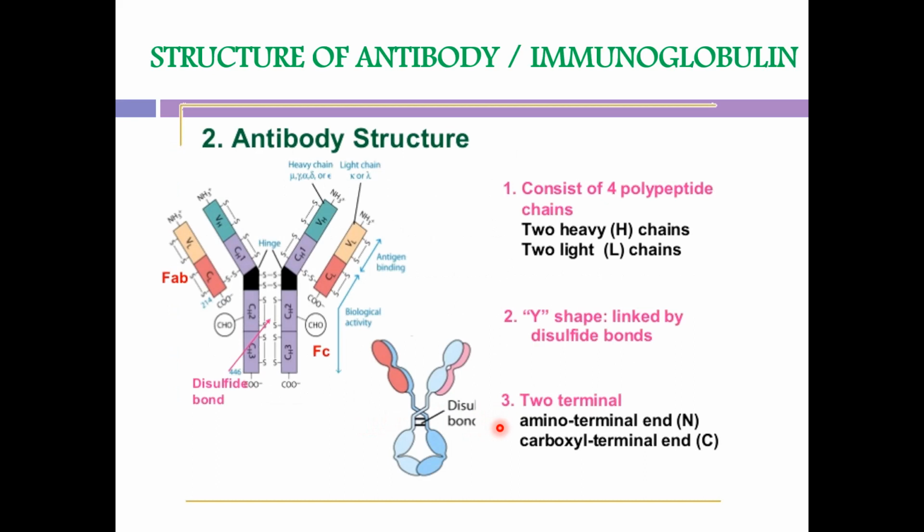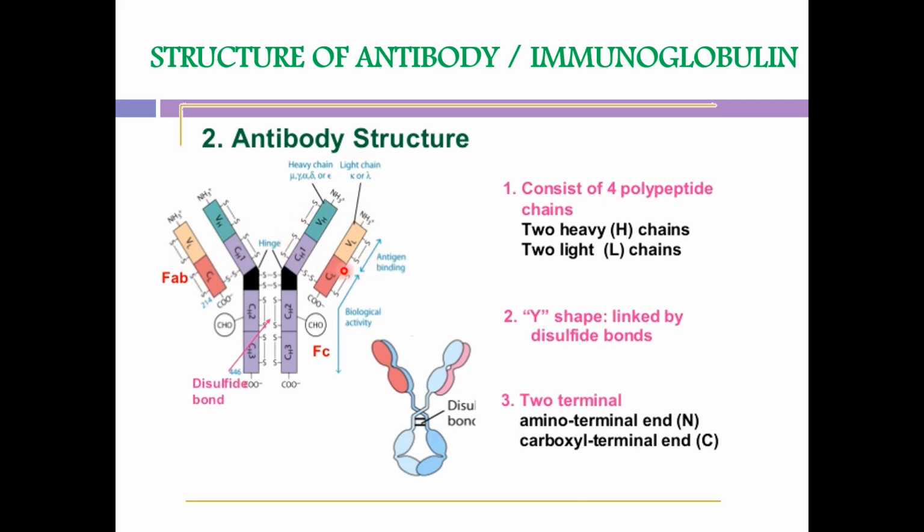This is the structure of an immunoglobulin. As I told you, four polypeptide chains, two heavy chains and two light chains, form the Y-shaped immunoglobulin. This one is the Fab region, which consists of the variable region of light and heavy chain and the constant region of light and heavy chain.